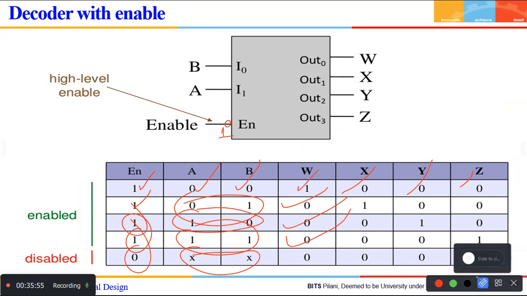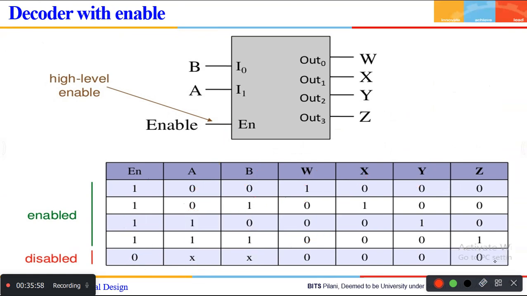All this will become 0 0 0 0, right? Yes or no? And this will become 1. This is now what type of enable input? Active low enable input. When there is an active low, you will have a bubble here. Then it is called low level enable.